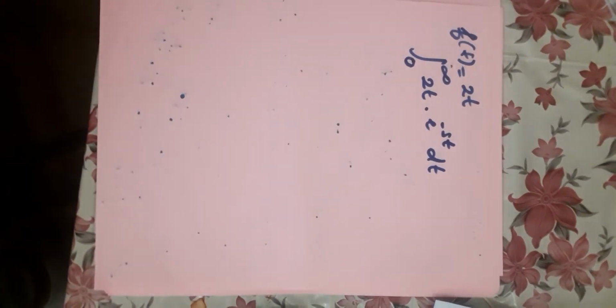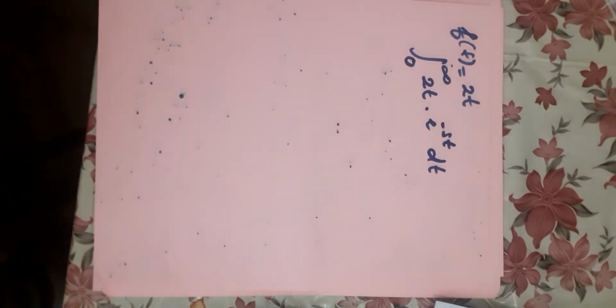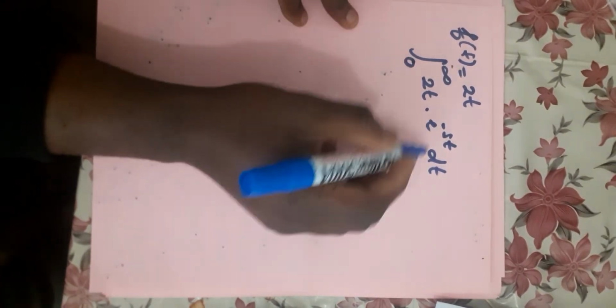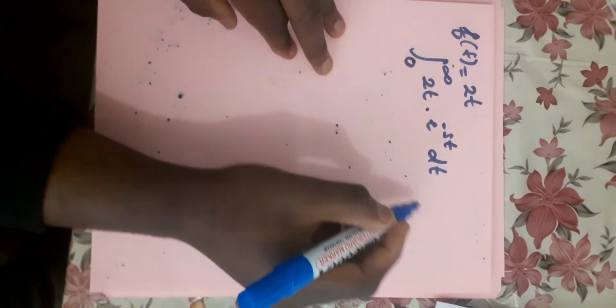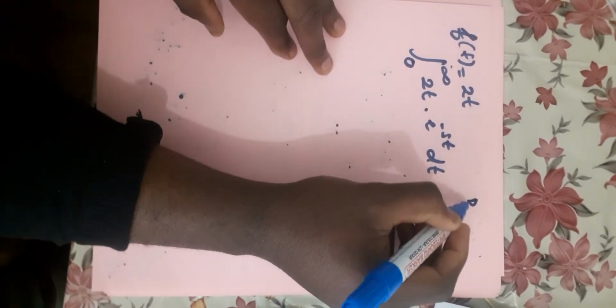Here it requires you to know integration by parts. We usually use the table method, and you can check my previous video on integration by parts on YouTube. So we have something like this. We're going to do the table and go into detail.